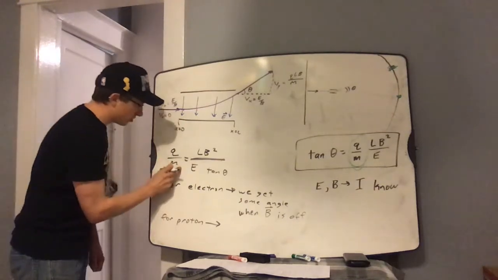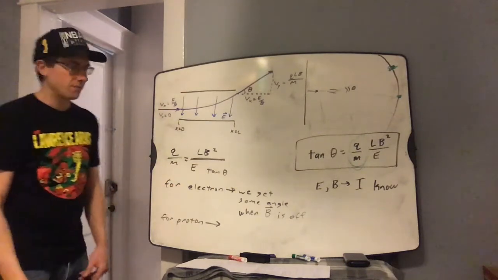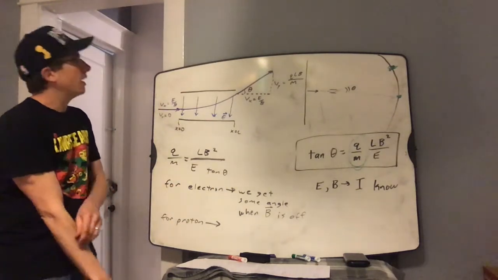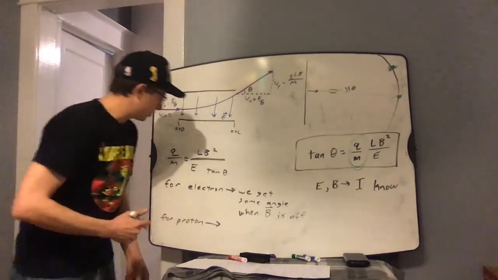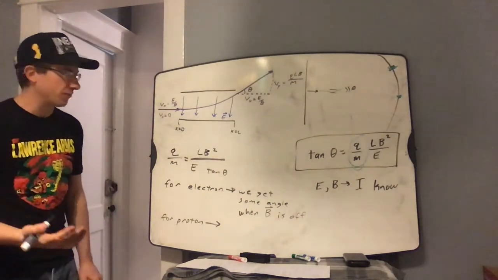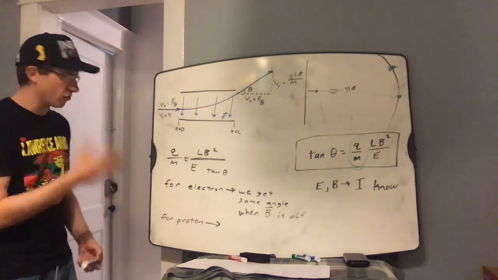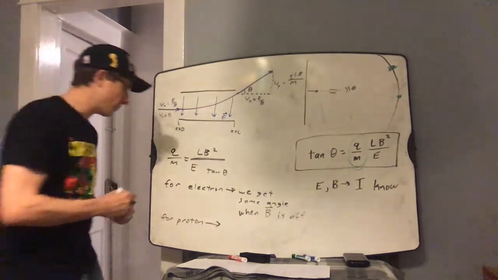So if this number is going to be smaller, I need tangent of theta to be much bigger. So in this case, we should have a much greater deflection if the proton has the same charge but more mass.